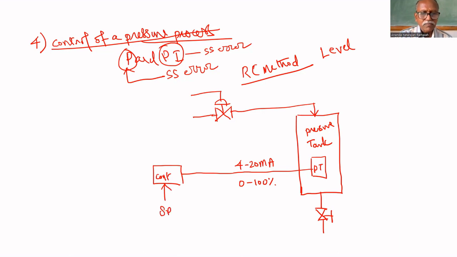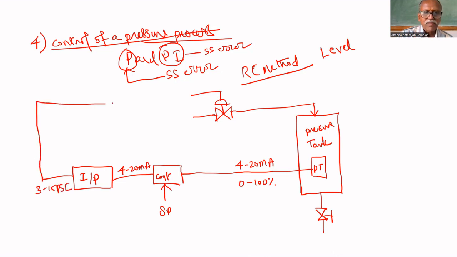Set point will be given. The controller output is again 4 to 20 milliamps. That has to be given to an I to P converter. Its output is 3 to 15 psi, which is given to the valve. This is the closed loop arrangement.